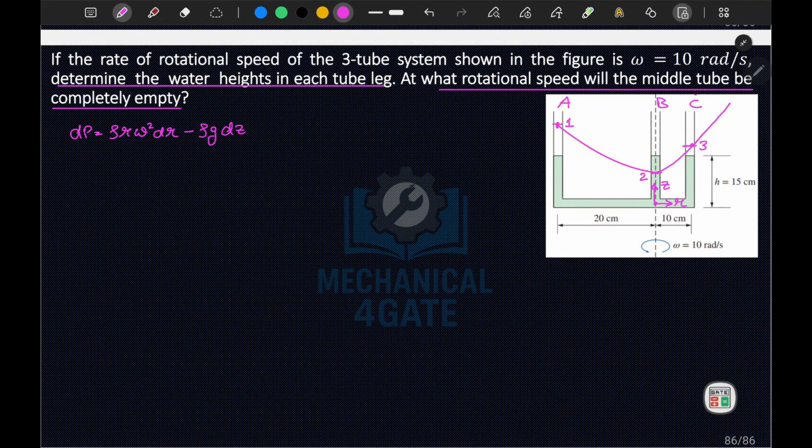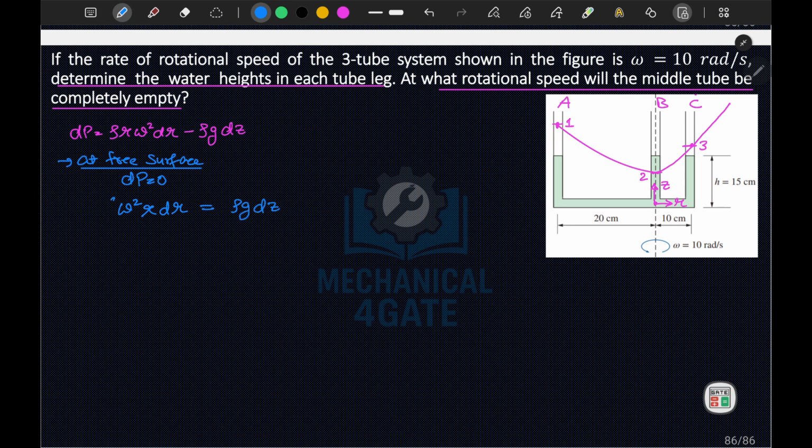Now if I talk about your free surface, I can write at free surface dp is equal to 0. So if I substitute this equal to 0, I can write omega square r dr is equal to g dz.